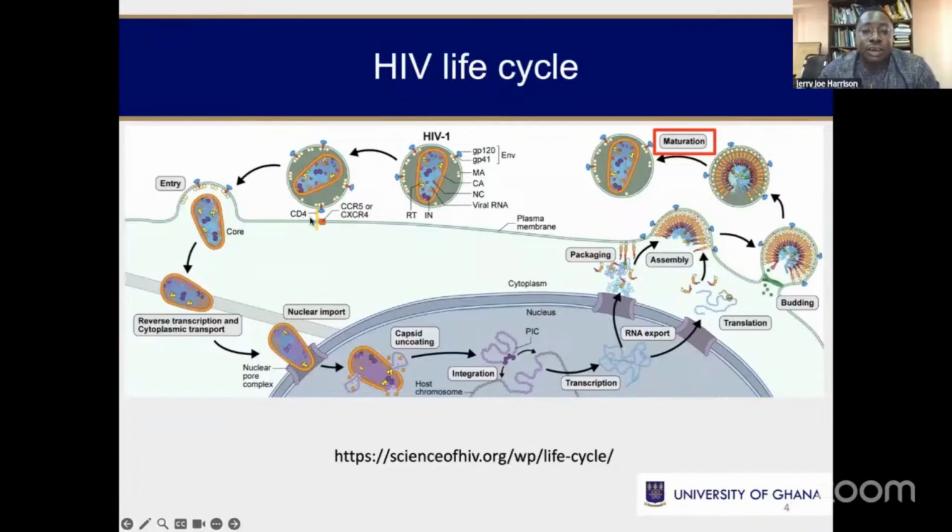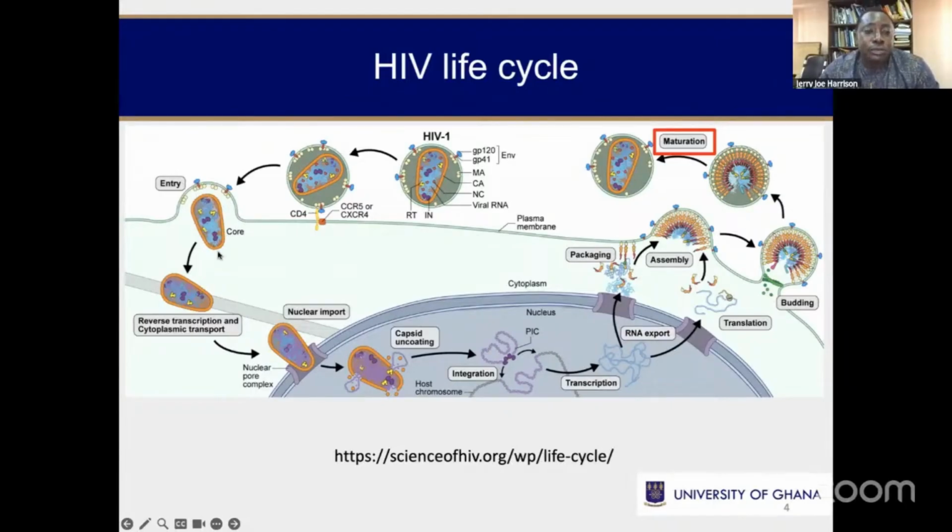Conformational change occurs in the GP120 that allows the transmembrane domain to also engage co-receptors, typically CCR5 and CXCR4 on these immune cells. That allows the membrane of the new virus to fuse with the new ones, releasing the core of the virus into the cytoplasm.